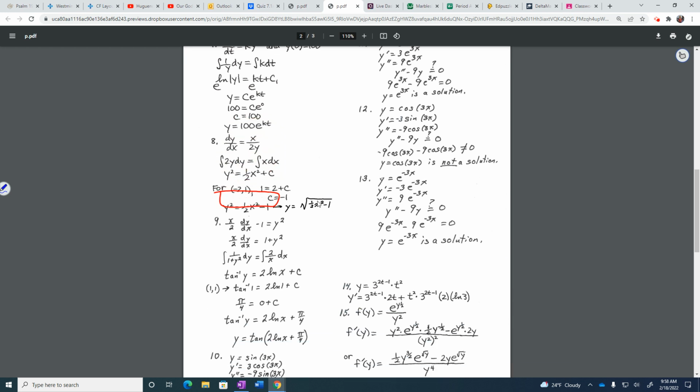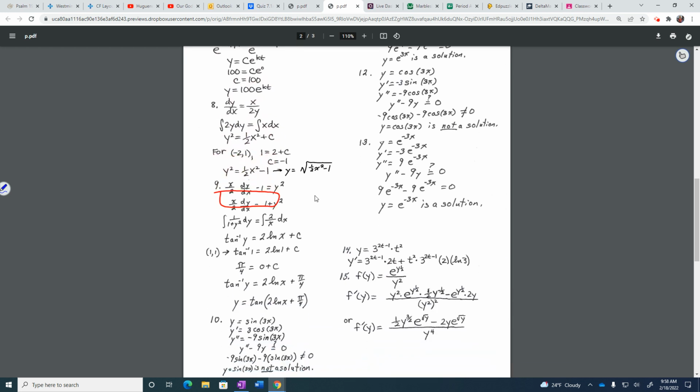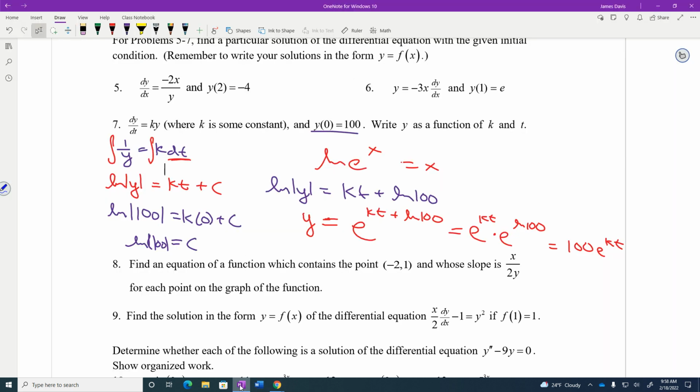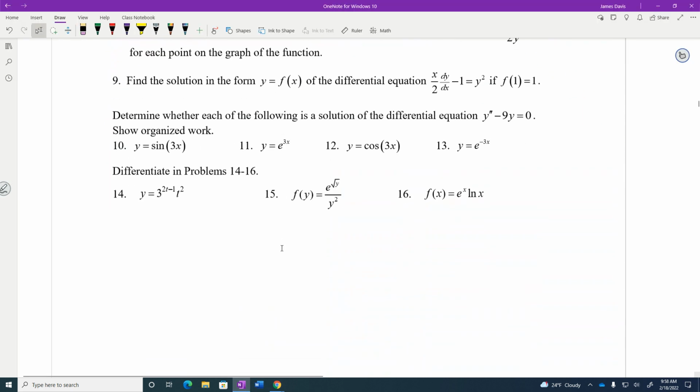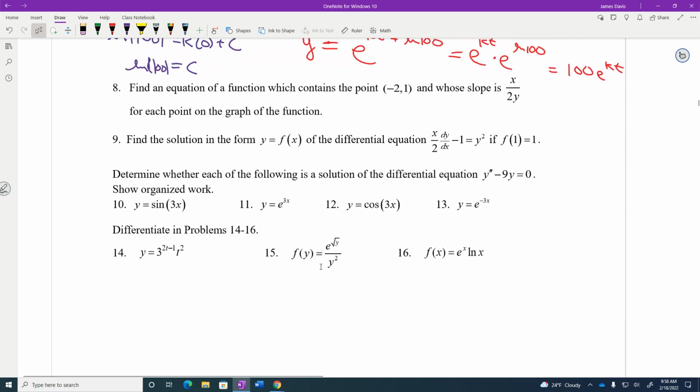Okay, so this is an inverse tangent. That's why it's a hard one. Let's try that one. All right, so let's take a look at this.